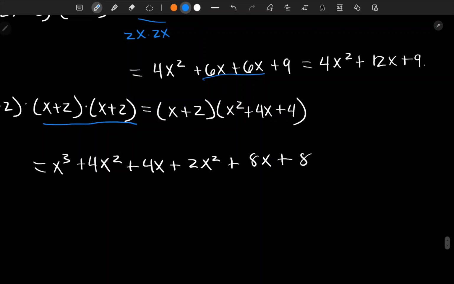And again, that just comes term by term by term, being multiplied together and added to one another.